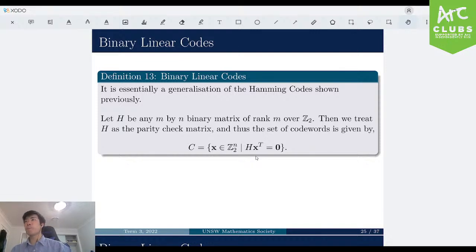And again, a binary linear code in general may not be restricted to correcting only up to one error. We can develop binary linear codes that are able to correct up to 2 or 3 or 4 or 5 errors and so on.